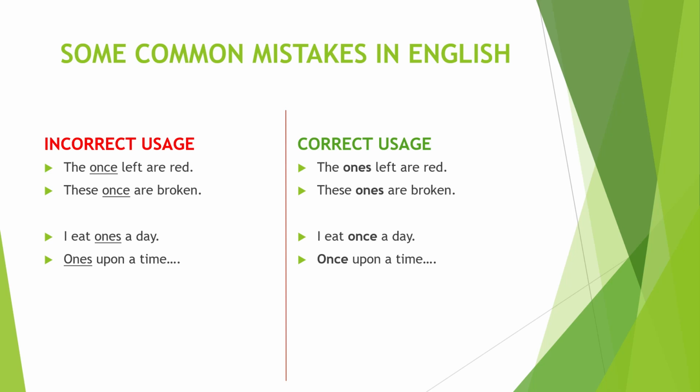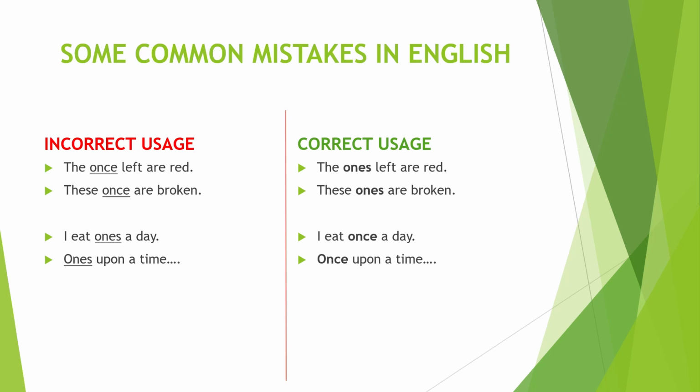In our next examples, we see: I eat once a day. That tells you how often the person eats. That is where we go back to our explanation in the previous slide. We said it could be used as an adverb.